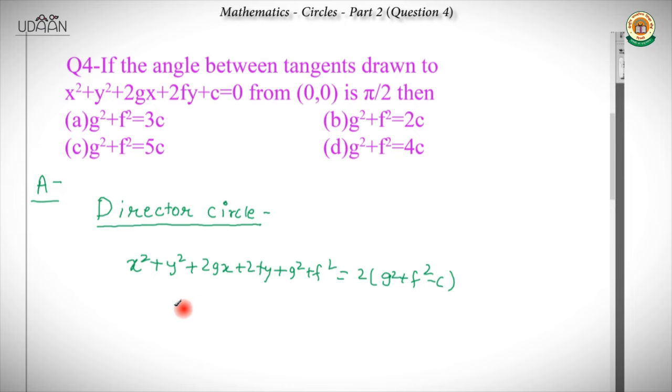Okay. So since you can directly find the formula for the radius of the circle, this will be root 2 times, root of g square plus f square minus c. Substitute that, and the center remains the same, so you can get the equation of the director circle. Right.